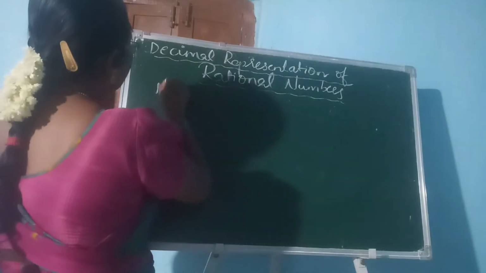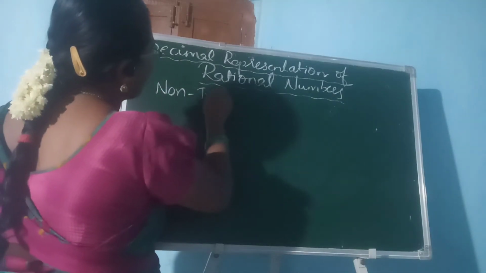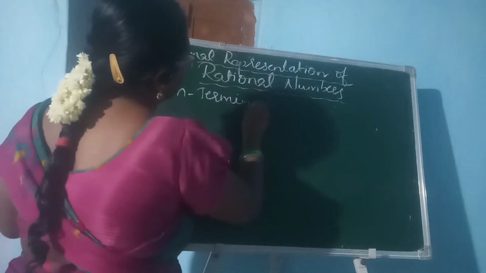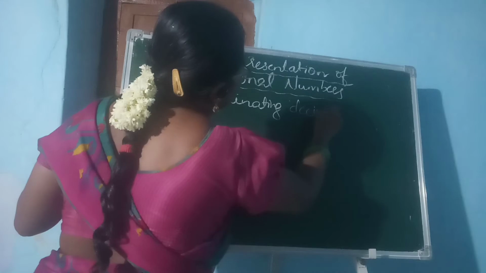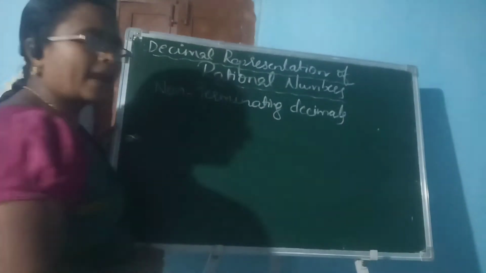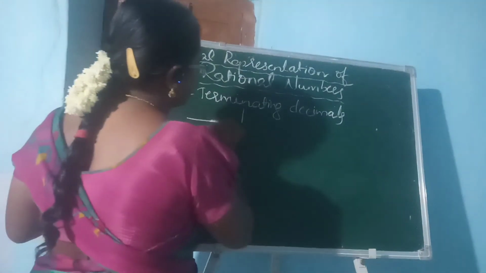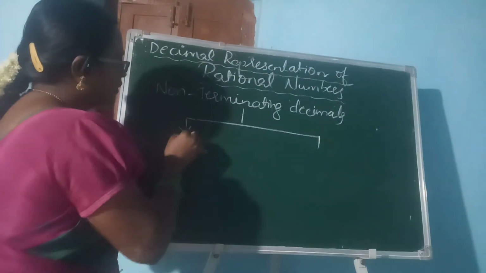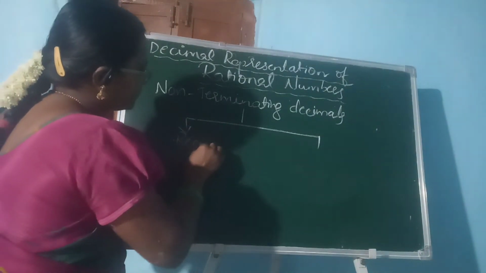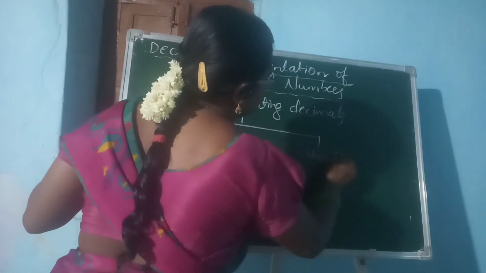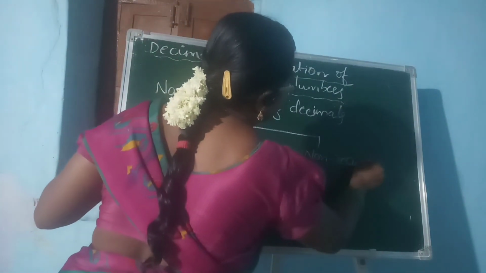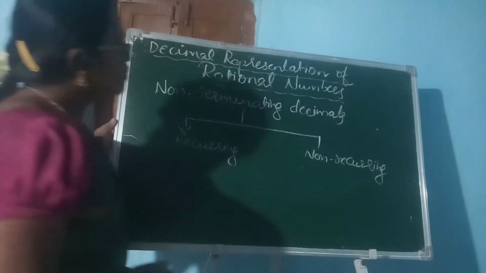Now, non-terminating decimals, and it's again divided into two types: recurring and non-recurring.